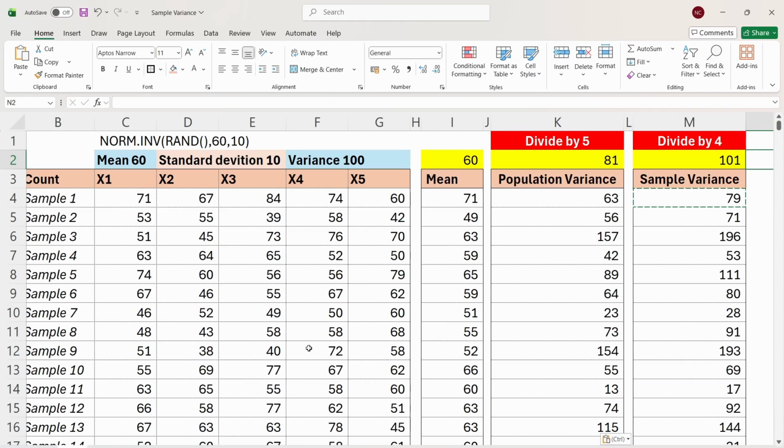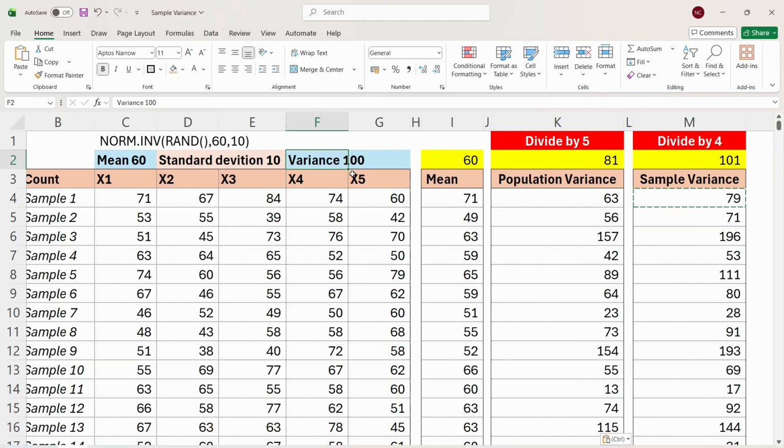So now you can see in this data I have 500 samples, 501 whatever, and if we divide by n, we are getting 81 as variance, but the actual variance is 100. And when we adjust the variance with the degree of freedom and use n minus 1 instead of n, we are getting 101 as variance. That is very close to the actual population.